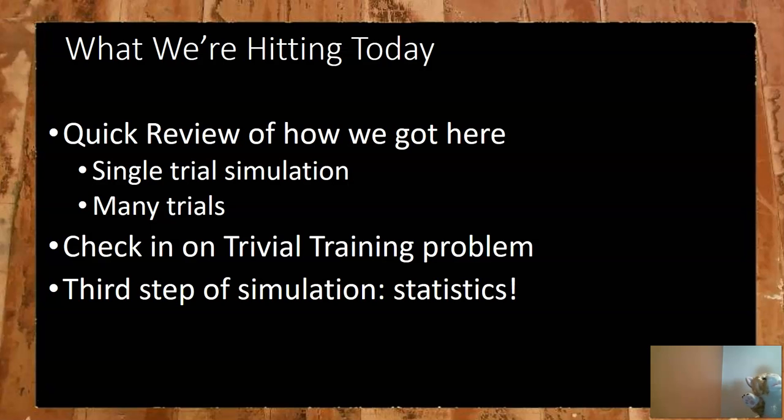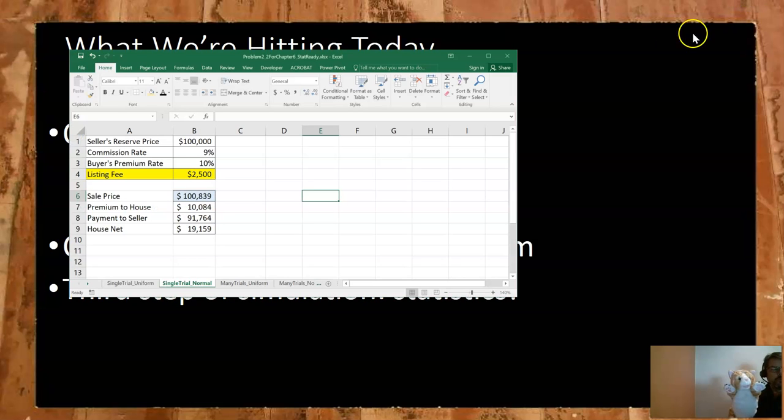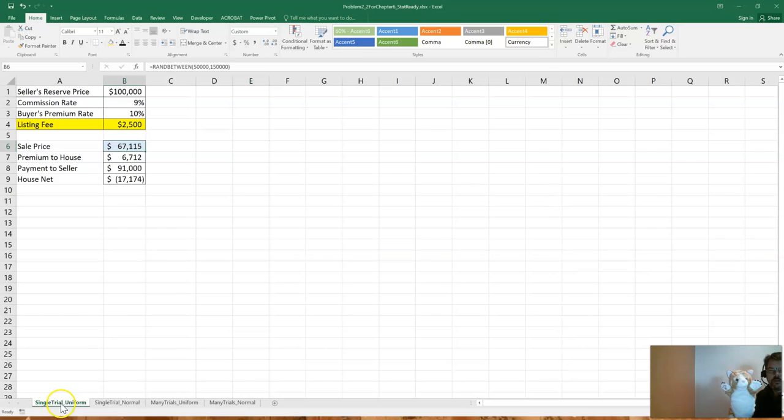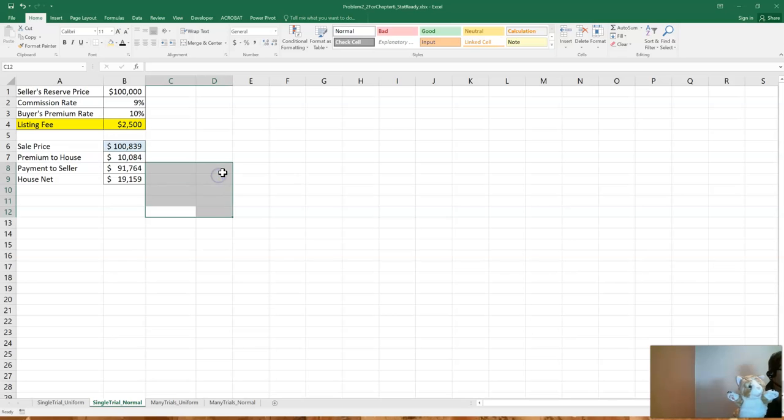My turn. Fine, your turn. Problem 2-2. We did a single trial with a uniform sale price distribution and a normal sale price distribution. These both work. You hit F9, you get new results.